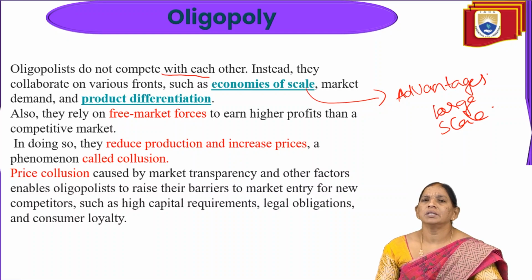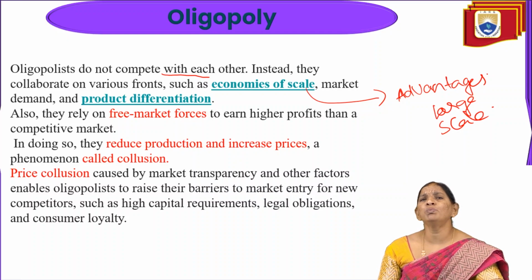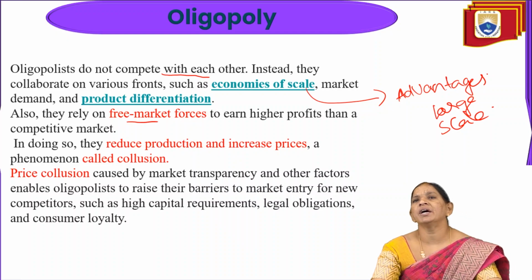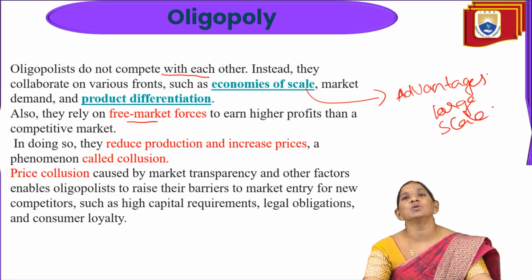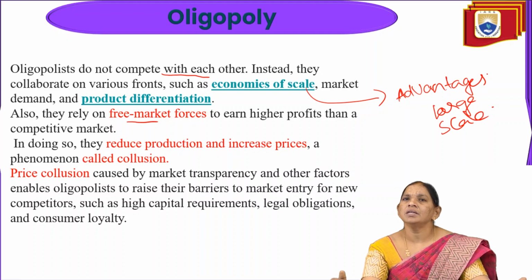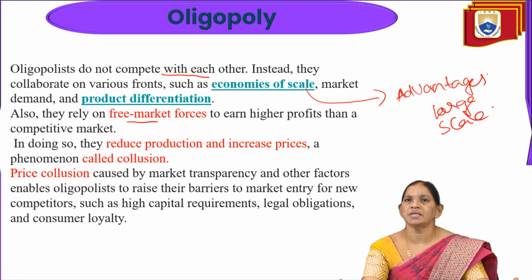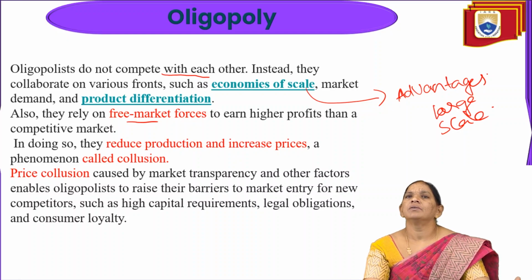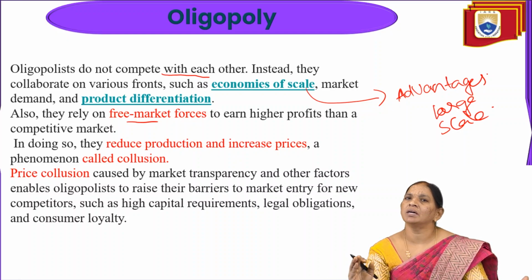And also this oligopoly market relies upon free market forces, earning higher profits than a competitive market. Being the nature of the oligopoly itself, there are few sellers. So what happens there? Each will have their separate market share.